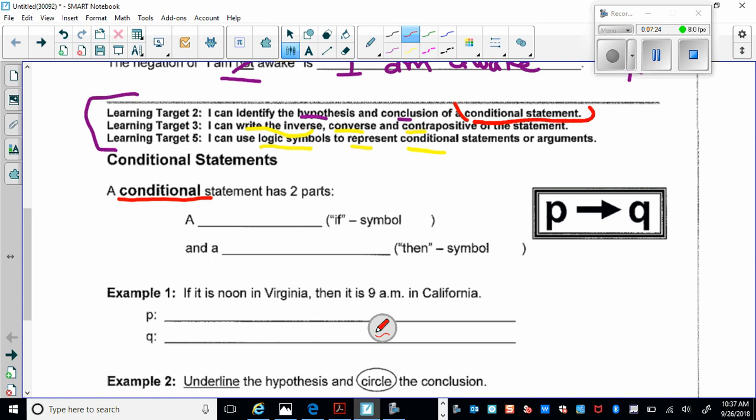So what is a conditional statement? Okay, that's the first thing we need to understand. What is a conditional statement? It's a statement that has 2 parts, and we use if and then to connect those 2 parts, okay? It's going to have a hypothesis. That's the first thing you're going to see.